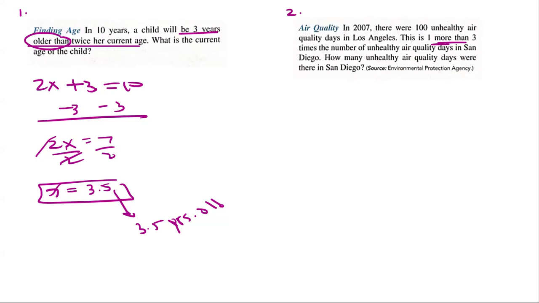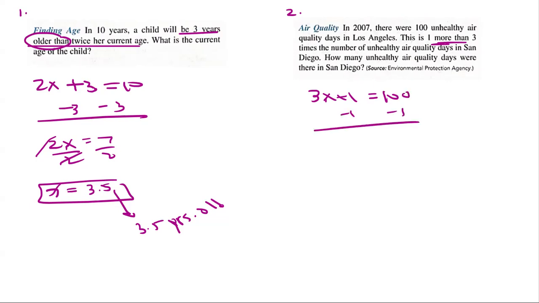All right, so the left side says one more than 3 times the number of unhealthy air quality days. So that's basically representing x, right? So one more than 3x. Again, it says more than, so we have to flip them. So we get 3x plus 1, and then set that equal to 100.